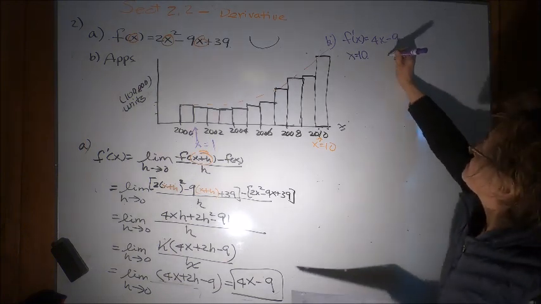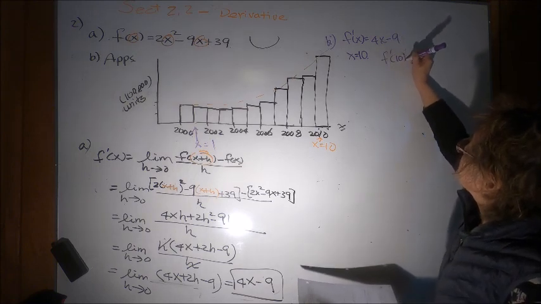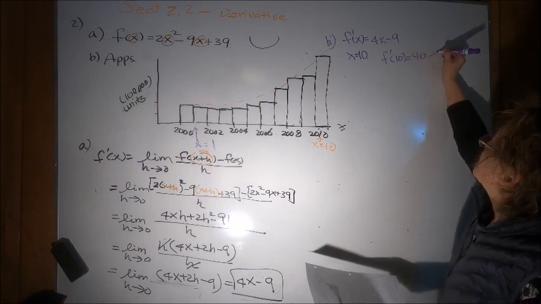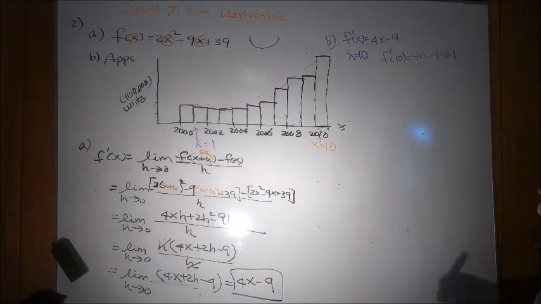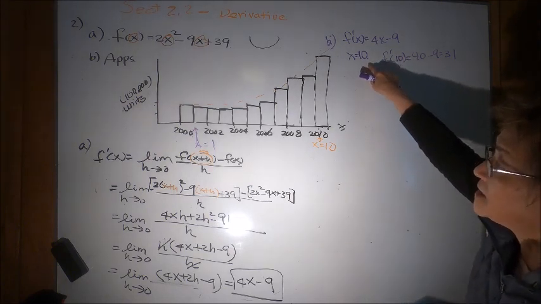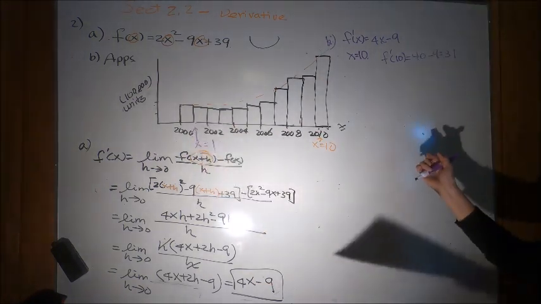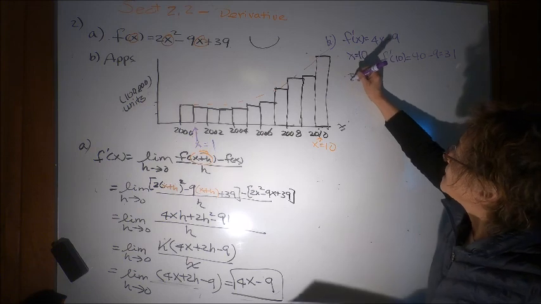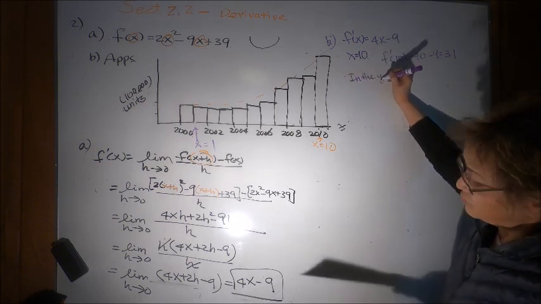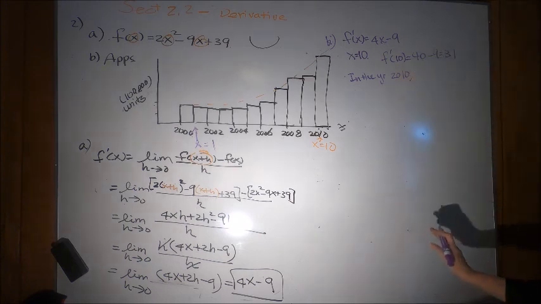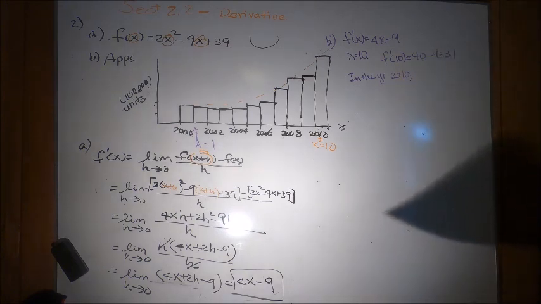You plug in. So your f prime of 10 is what? You plug in, 40 minus 9 is what? 31. What does that mean? It means 10 years later after year 2000. That's your x, right? So in the year of what? 2010, that means 10 years later after year 2000.